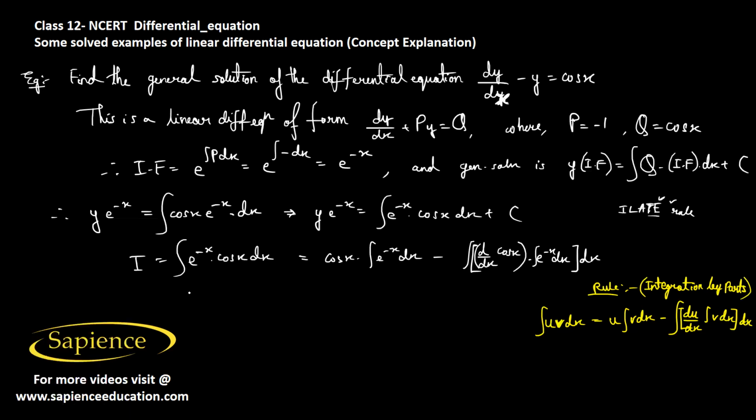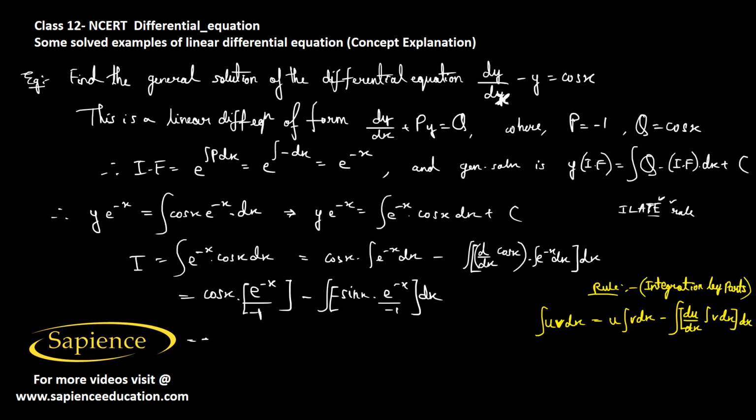So if we use this rule, then we will get cos x and integral e power minus x dx, that would be e power minus x by minus 1, and minus d by dx of cos x is minus sin x, into e power minus x by minus 1 and integral dx.